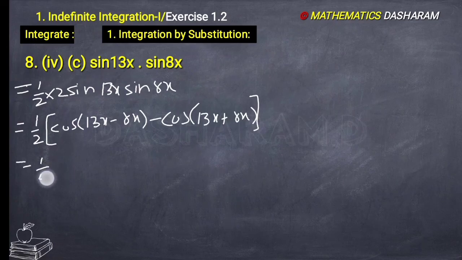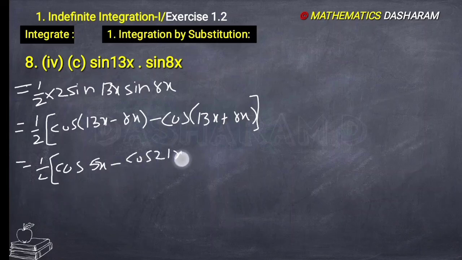So 1 by 2 bracket of cos 13 minus 8, 5x, minus cos 13 plus 8, 21x.